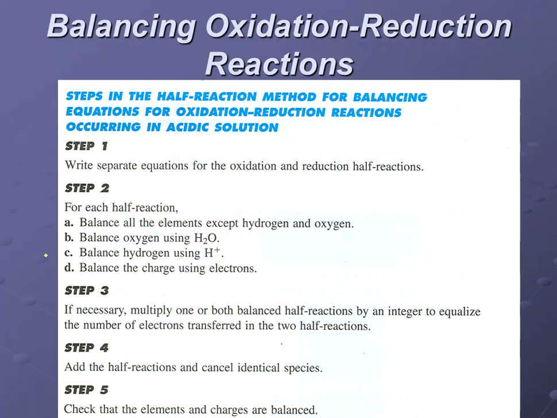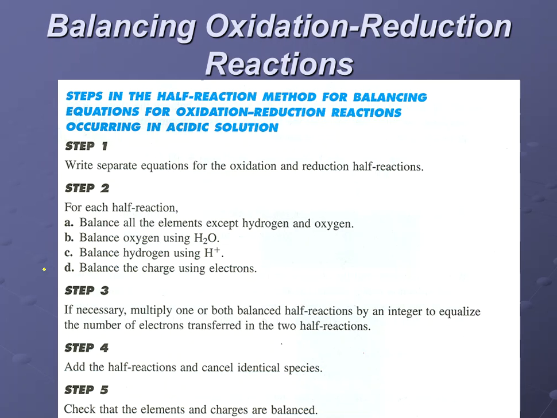Once you've done that, if you look at all your little charges on all of your ions from one side of the yield sign to the other, you're going to notice most likely that if you add up the charges on both sides, they're not going to balance. What we want is to have the charges on both sides of the arrow match.